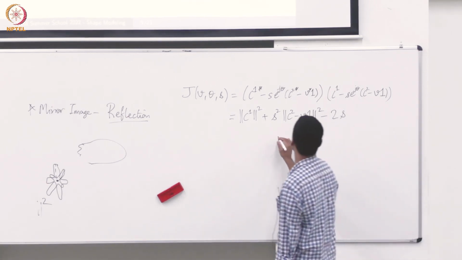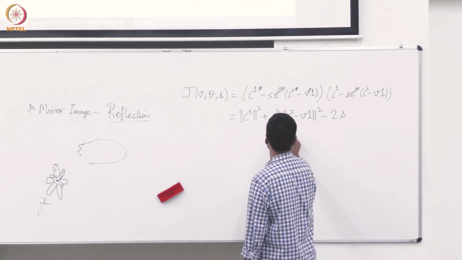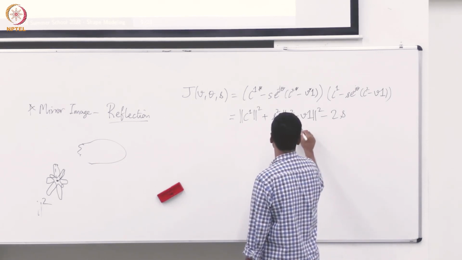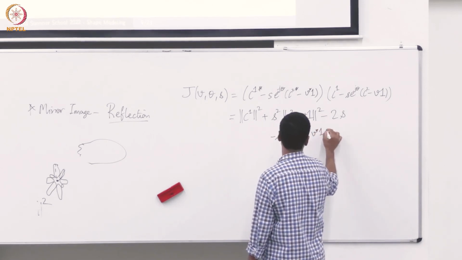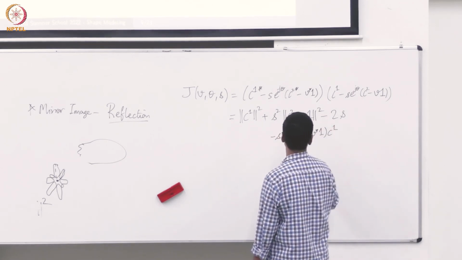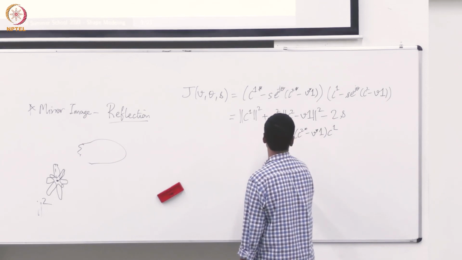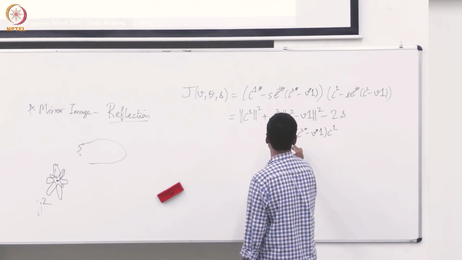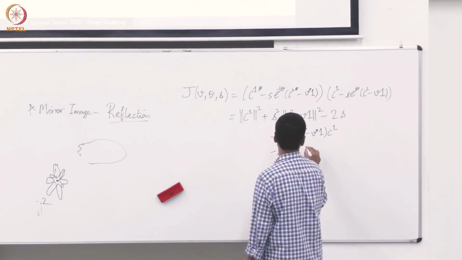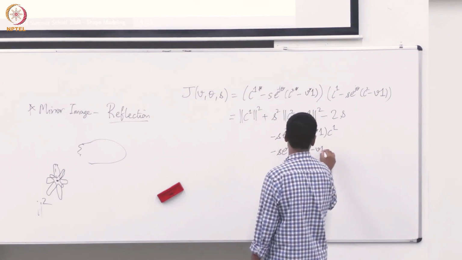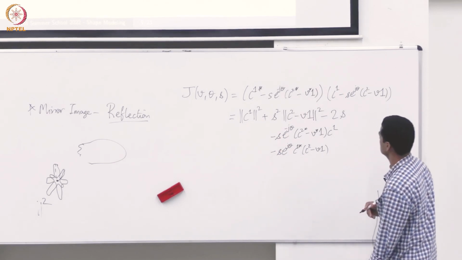Let me write it. S e raised to minus j theta, C2 star minus V star 1, into C1, and the other is S e raised to j theta, C1 star into C2 minus V1. S is a real number, e is a complex number, so I can just bring them out. What is the relation?